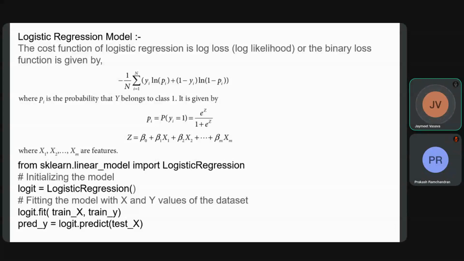The probability is given by e raised to Z divided by 1 plus e raised to Z, where Z is the logistic regression equation, which is beta 0 plus beta 1 x1 plus beta 2 x2 till beta m xm, where x1 to xm are features.